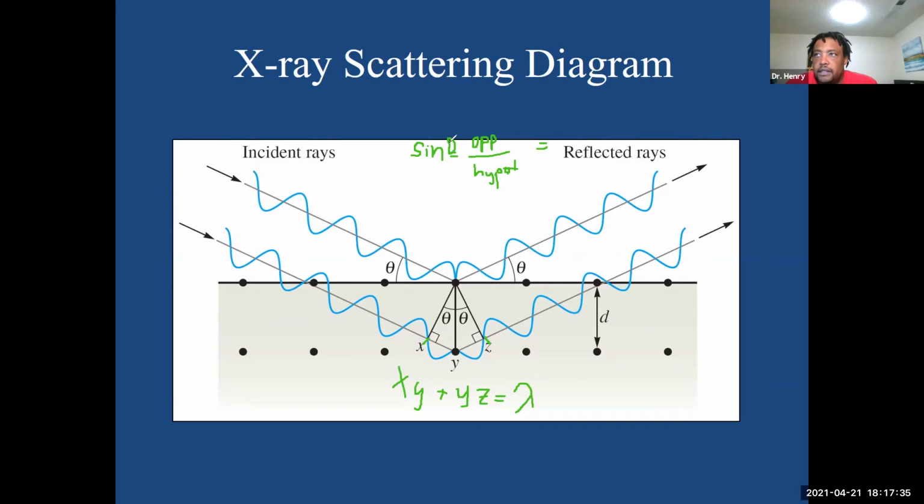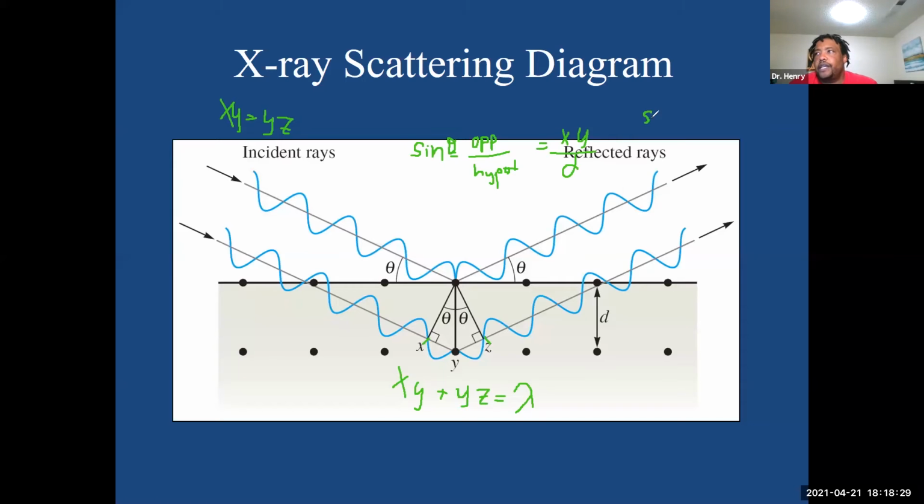Sorry, sine theta. And d represents the distance between that one molecule and the other molecule, which also would be our hypotenuse. So if the distance between x and y and z are going to be the same, then we could plug in this for both of these if we solve for the xy.